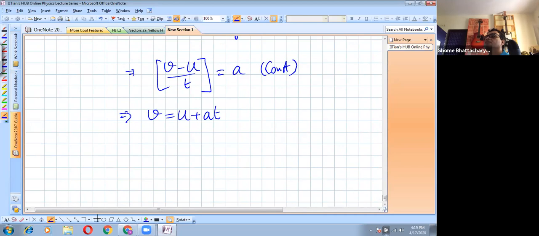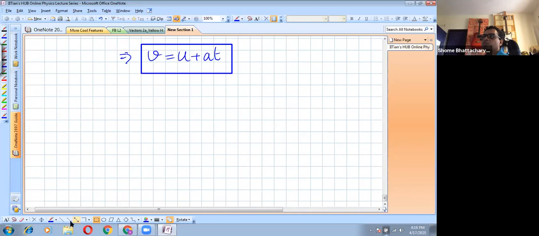Or if you think of this in terms of a graph, before you write all this down, let me explain what I mean over here. So suppose we are making a displacement versus time graph.